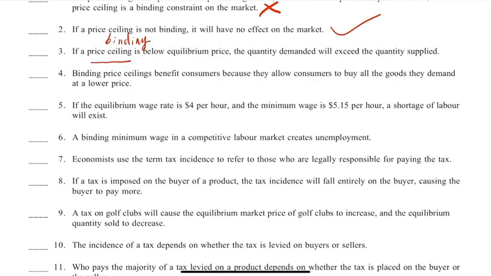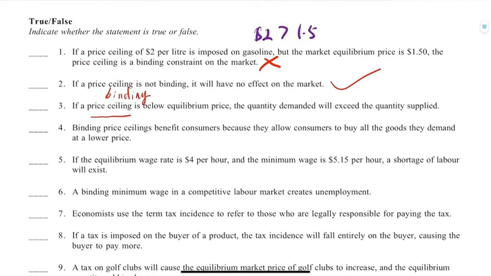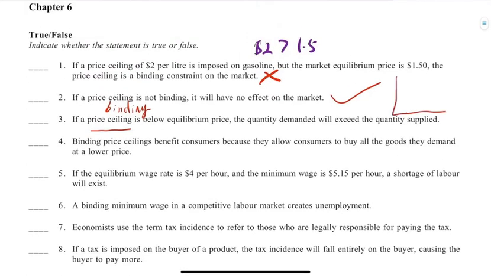In this case, if you draw this supply and demand, you see that a binding price ceiling will be below the market equilibrium price. So you can see that in this case, the market price will be too low. So quantity demanded, which is here, will be larger than quantity supplied. So the third statement is correct.